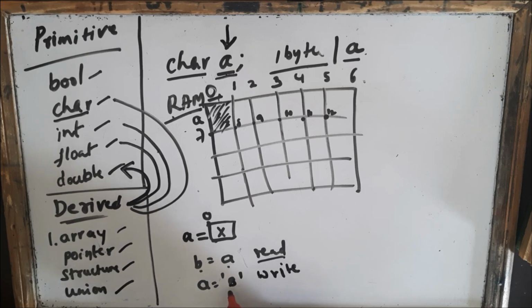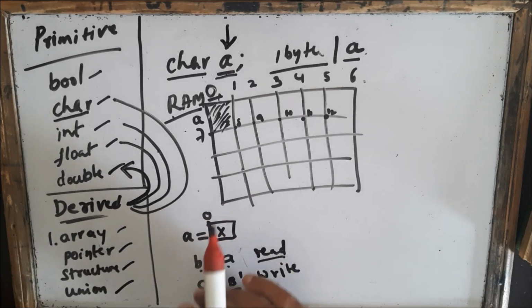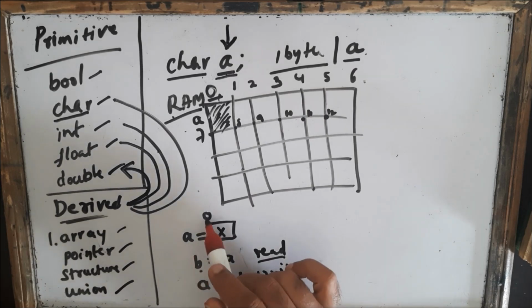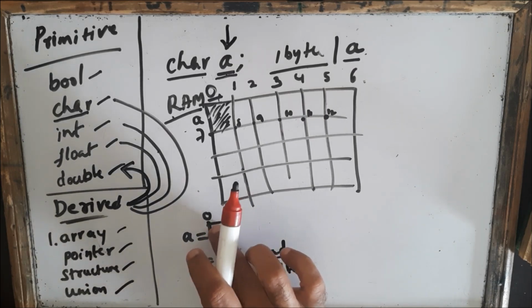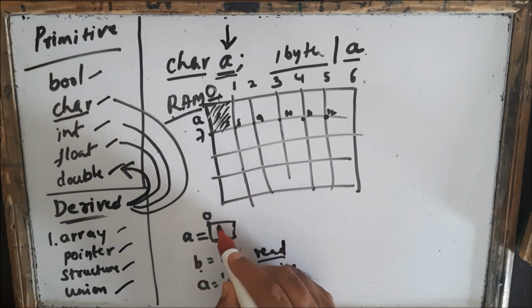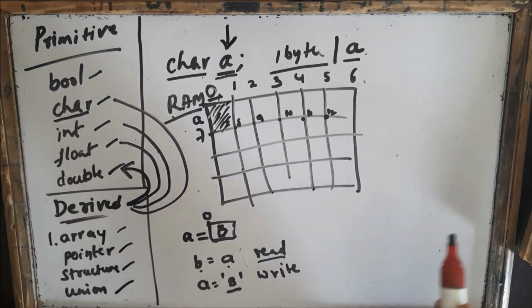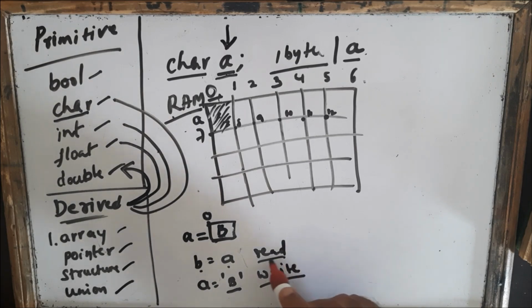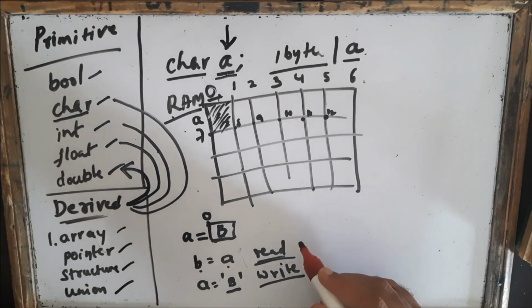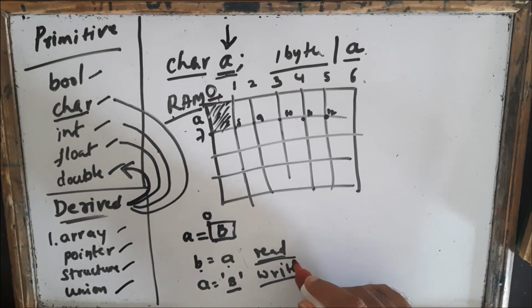So this B will be written to A, and A is addressed by 0. This is called the write operation, and this is called the read operation. So these are the two operations we do on the memory. Either we write to or read from the memory.